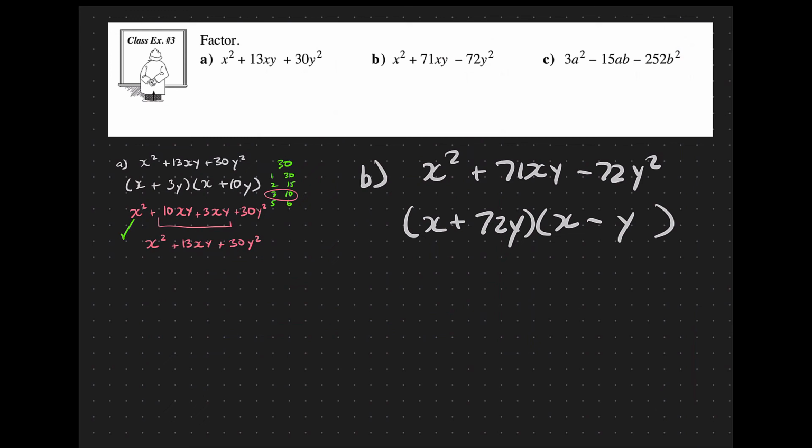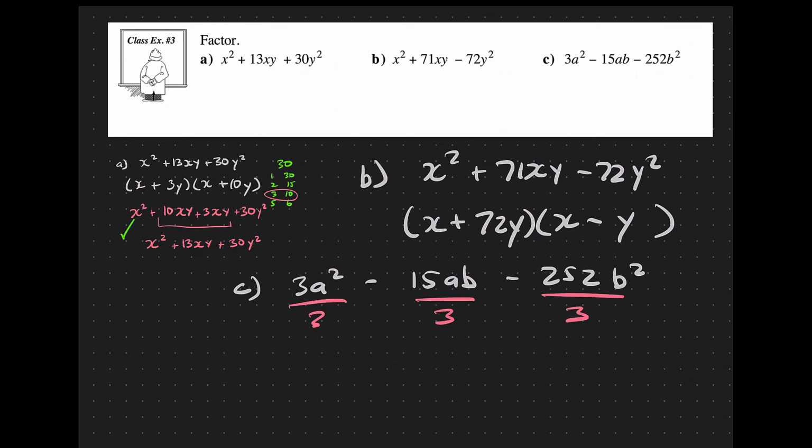And let's take a look at example C. We got 3a squared minus 15ab minus 252b squared. So in this case, I need to get rid of the 3. So this and this should be divisible by 3.